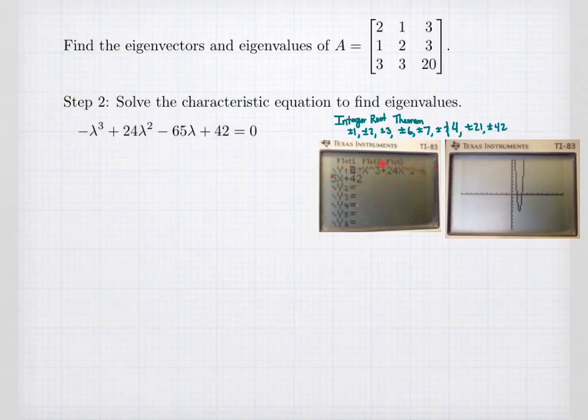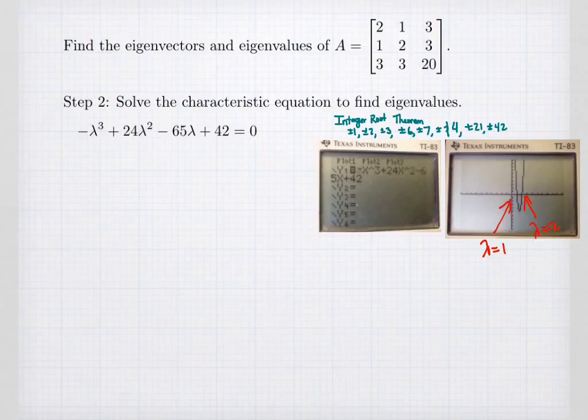I had to change all my lambdas into x's, and I graph it, and I see that my graph crosses the axis at what appears to be lambda equals 1 and lambda equals 2. And I need to use factorization to see if that's really true.